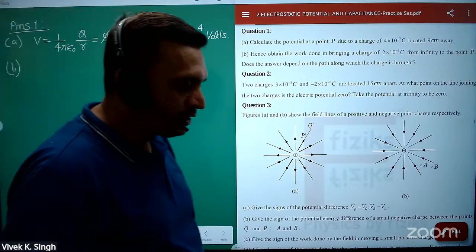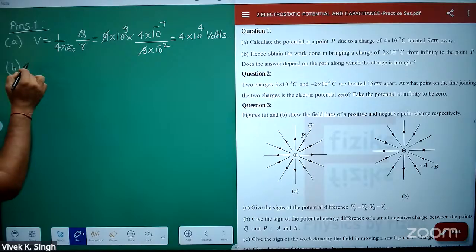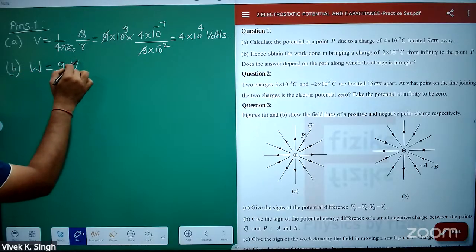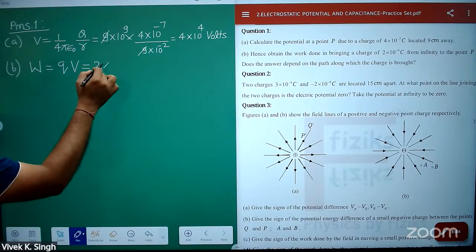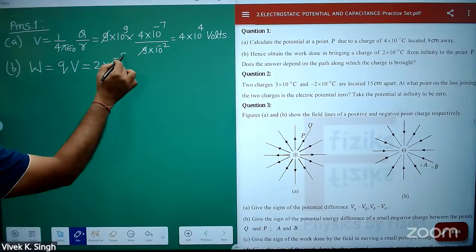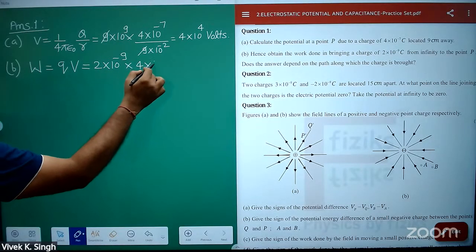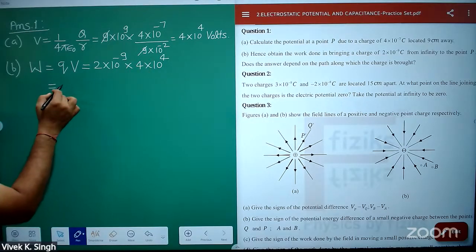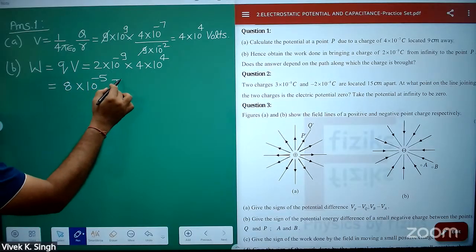Potential is work done per unit test charge, so work done is simply Q into V. Q is 2 into 10 to the power minus 9 coulomb and V is 4 into 10 to the power 4, so this is 8 into 10 to the power minus 5 joules.